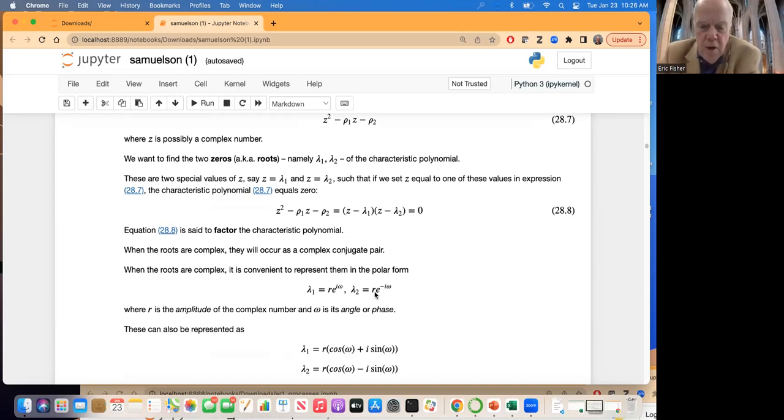So if I draw those 2 points, I can make a triangle. The hypotenuse of the triangle is how far away the point is from the origin. So the square root of a squared plus b squared is how far away I am. That's my r. So I'm about to show you how to go from rectangular coordinates back to polar coordinates easily.